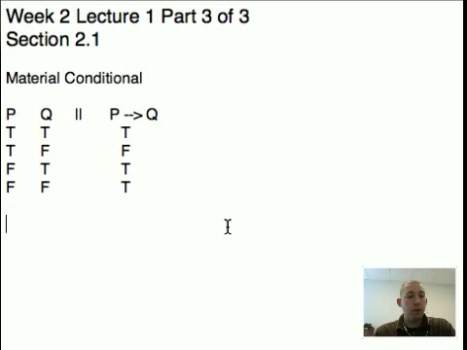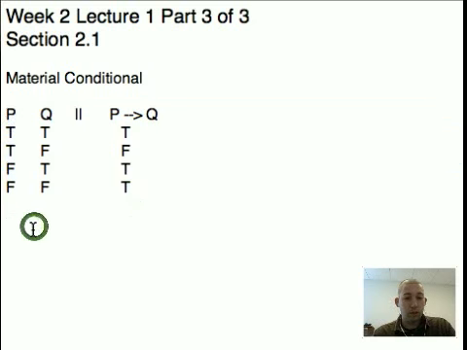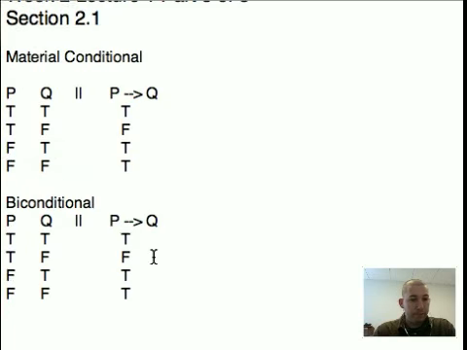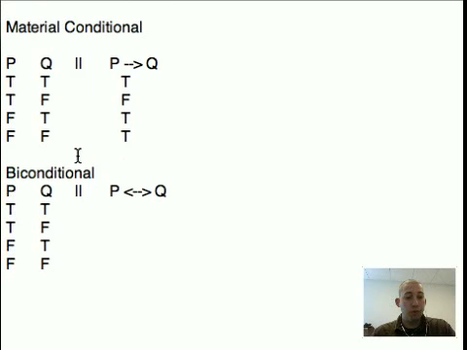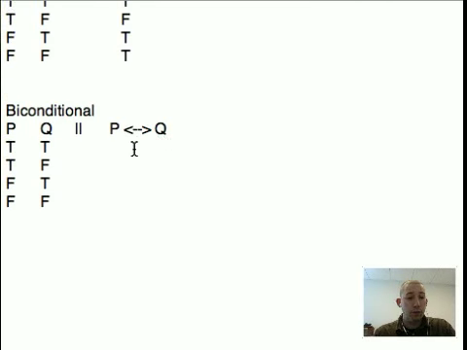And now let me also define the biconditional. I'll use this symbol, a left and a right arrow, and in the text, this is represented as 3 bars. The truth table for the biconditional looks like this.